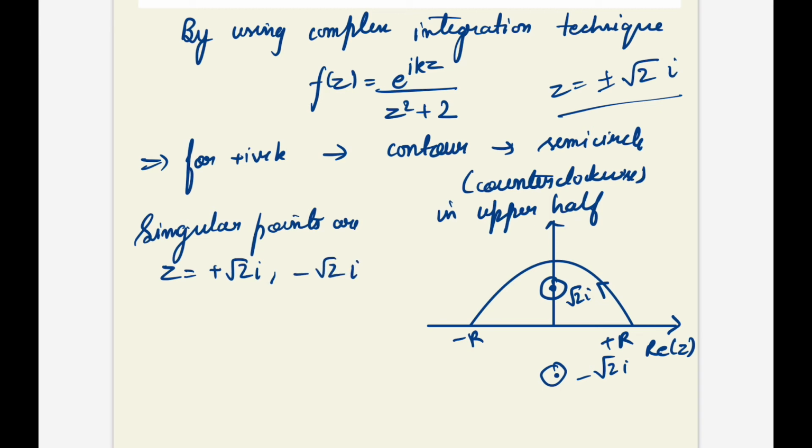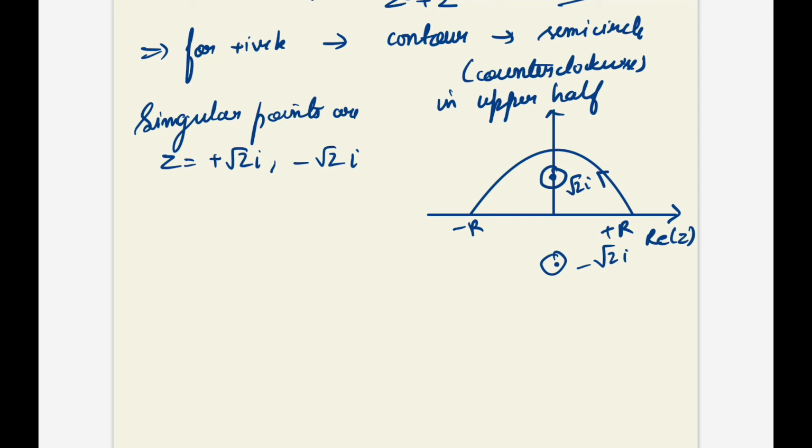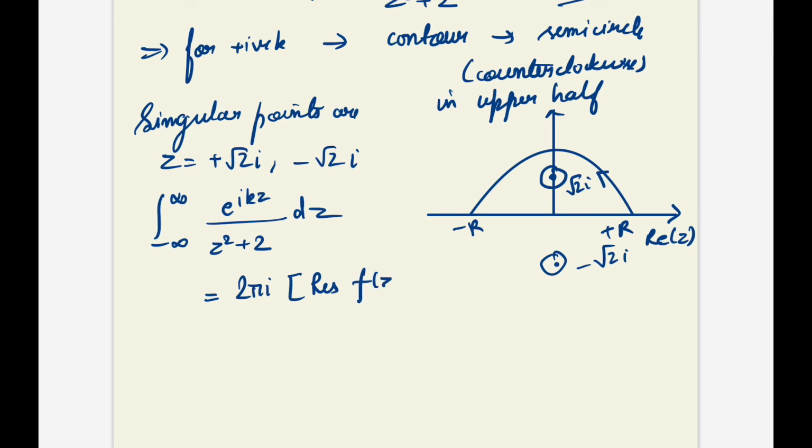Now what we do is the integral from minus infinity to infinity of e to the power i k z over z square plus 2 dz. This can be solved as 2 pi i times the residue of f at z equals to root 2i.